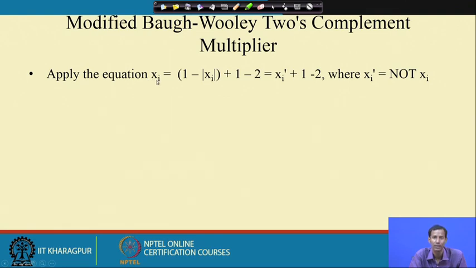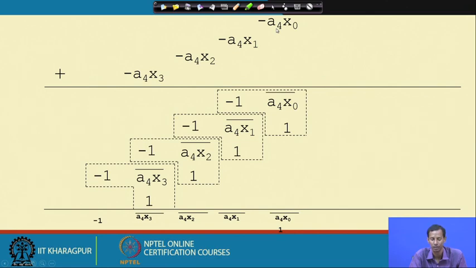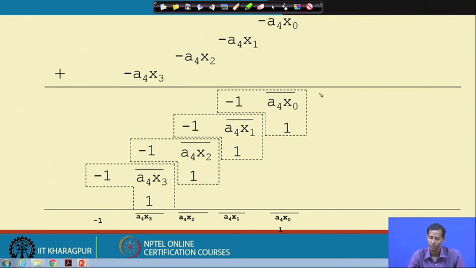If I consider this as a4 x0, the equation can be written as a4 x0 bar, 1 over here, minus 1 over here.